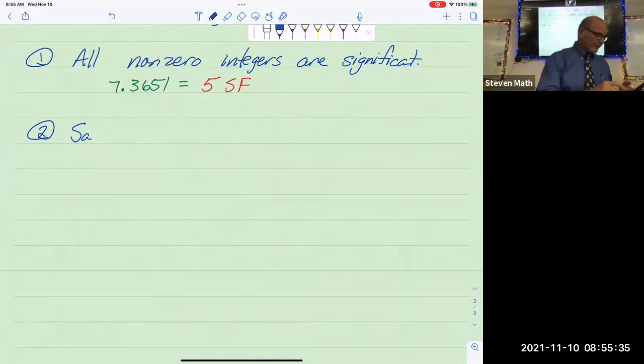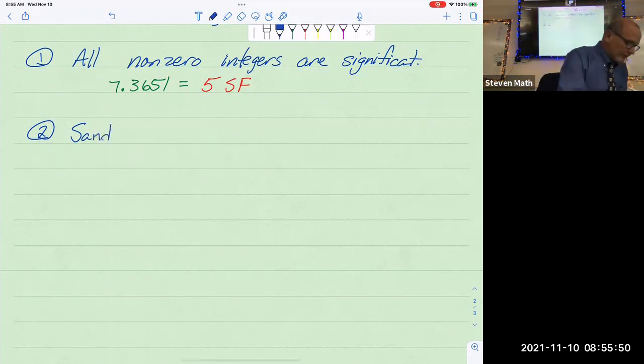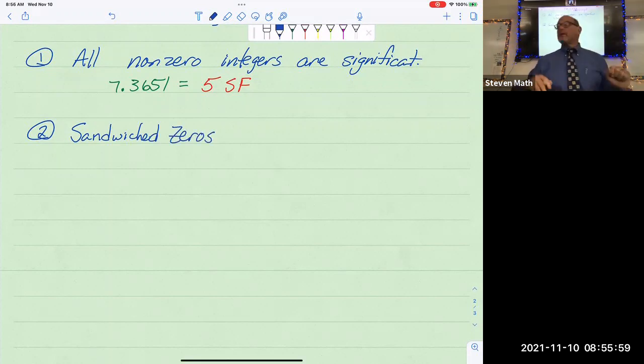There are 5 digits there, 5 significant figs. There might be some where it's just like, hey, how many sig figs are in the following number? Boom, count them up. We like these.